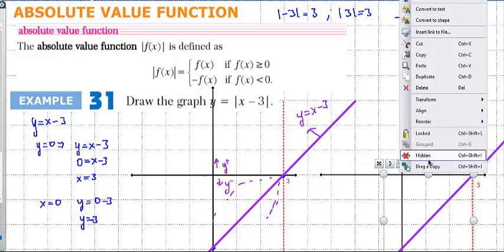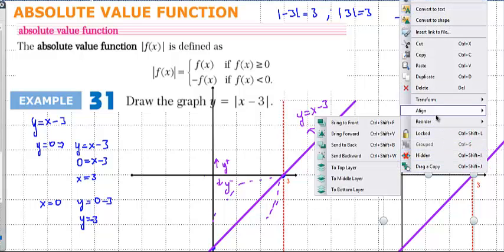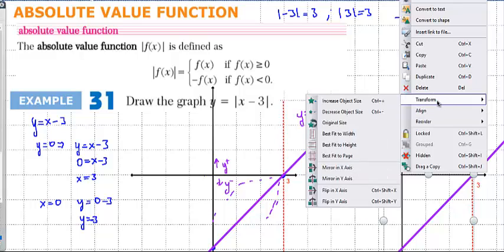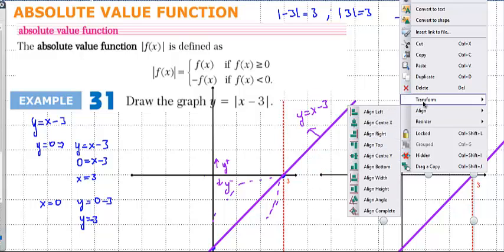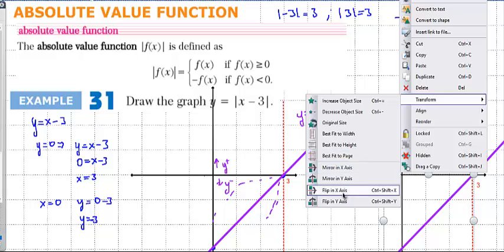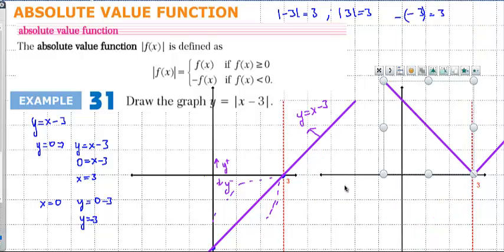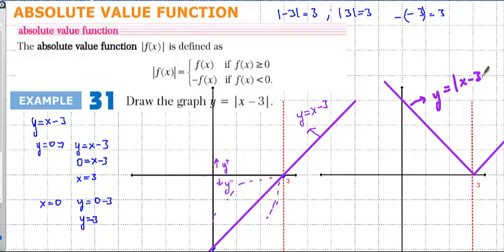I'm going to flip this one, and you're going to understand. If you flip it over the x-axis, yes, the figure that we draw now is y is equal to the absolute value of x minus 3.